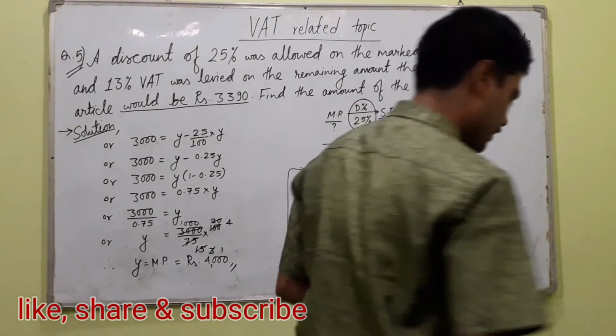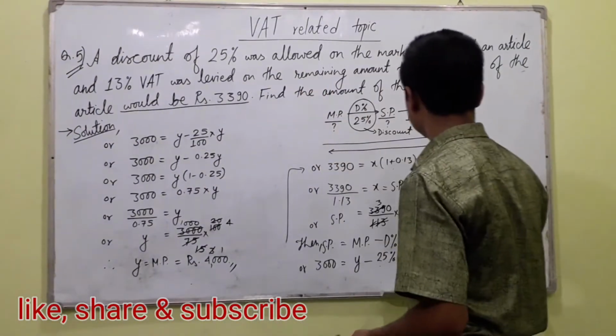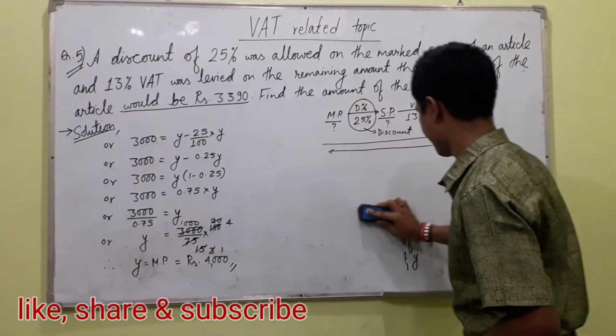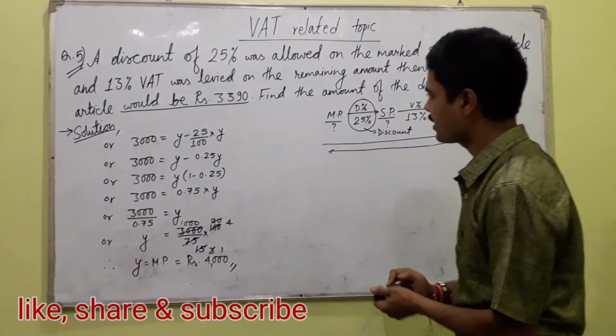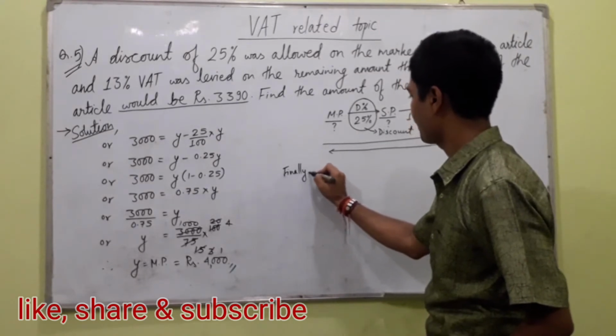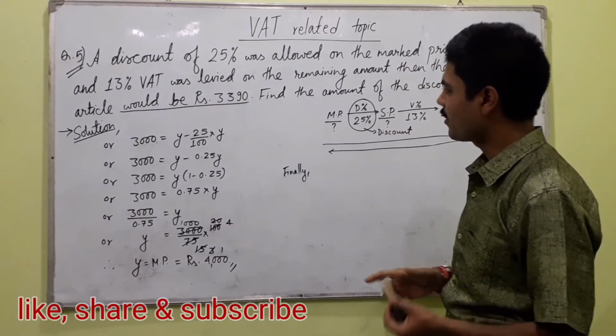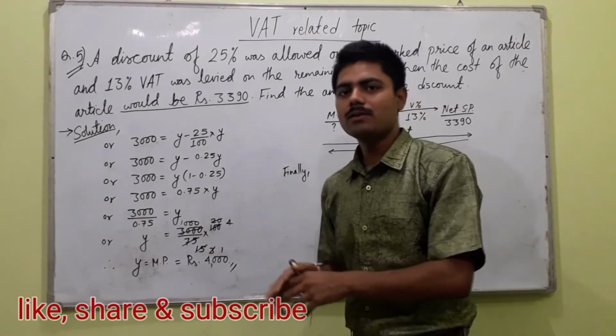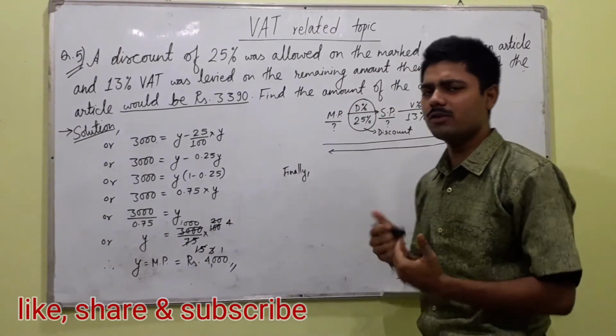Finally, we need to find the discount. Many students get confused what words to use here, in the end or in the beginning. Just use some normal words like you speak.